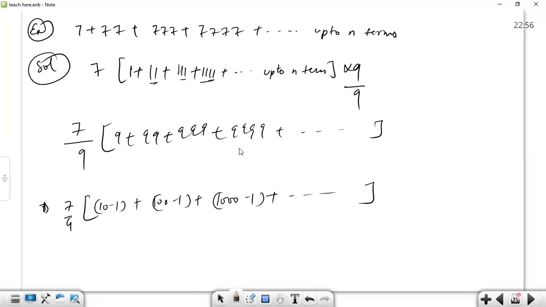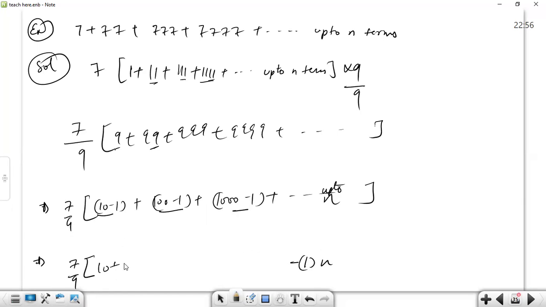Is this much clear? That 9 can be written as 10 minus 1, 99 can be written as 100 minus 1. Clear? Great. So if we observe here, minus 1 is getting subtracted how many times? This is going up to n terms. If this thing is repeated n times, minus 1 is getting repeated n number of times.